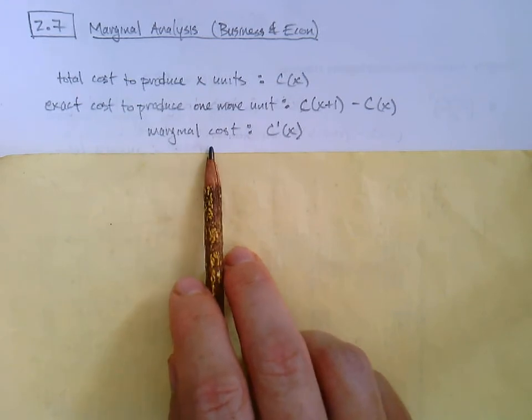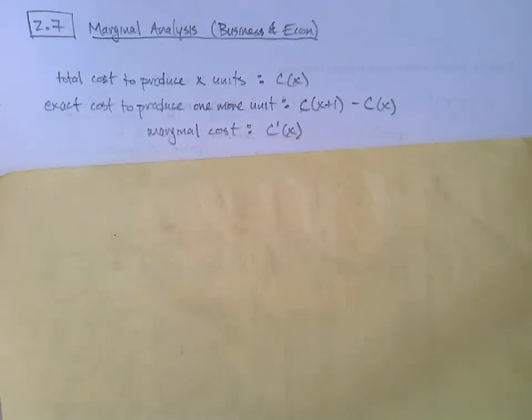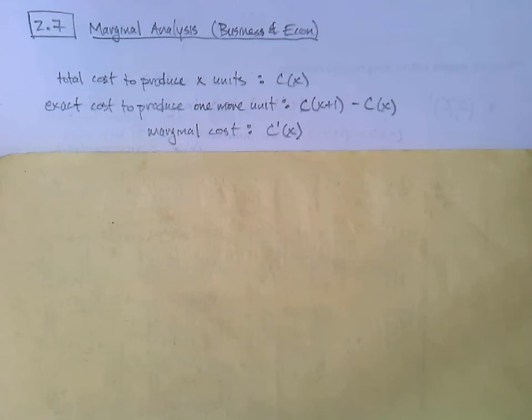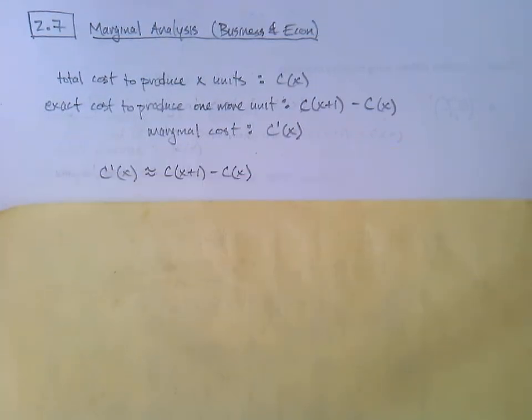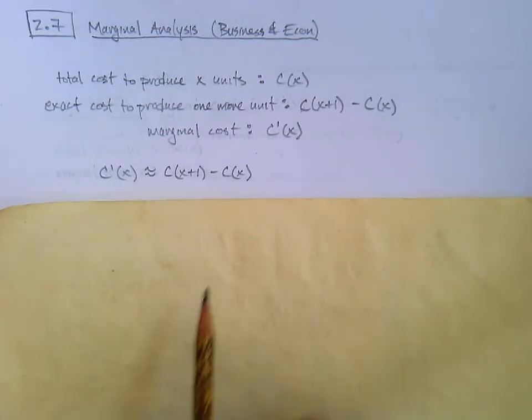And then you've got marginal cost. And obviously this is what it's leading to. Marginal cost is defined as C prime of X, the derivative of your cost function. So what is that, and how do these all connect? Here's how exact cost connects to marginal cost.